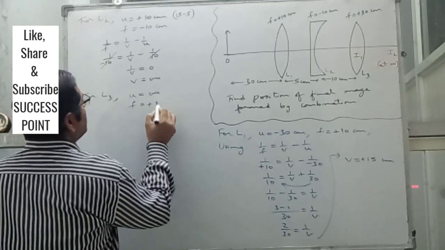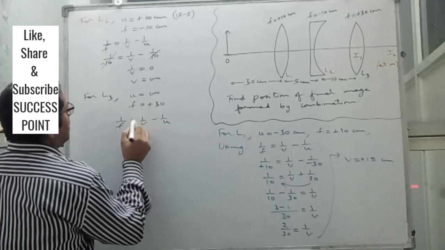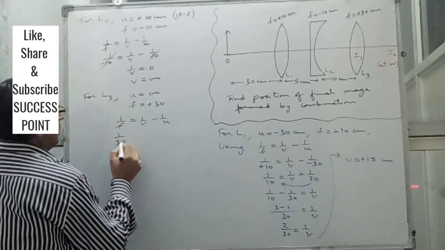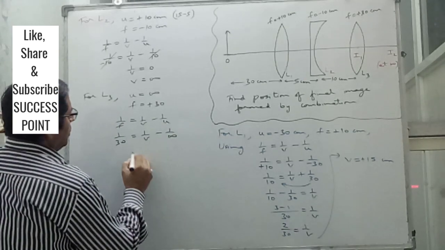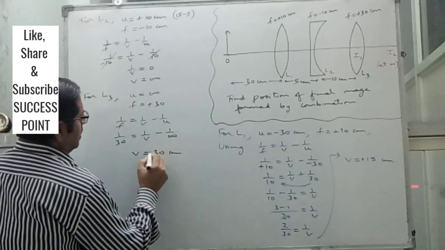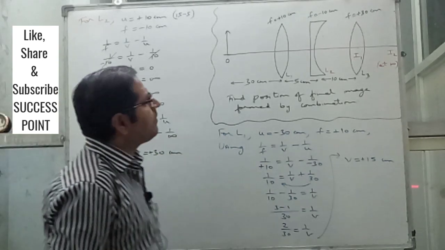Focal length is given as plus 30. Using the lens formula, you will get 1 by 30 equals 1 by v minus 1 by infinity. 1 upon infinity is 0, so v is equal to 30. See, you are getting the same answer, right?